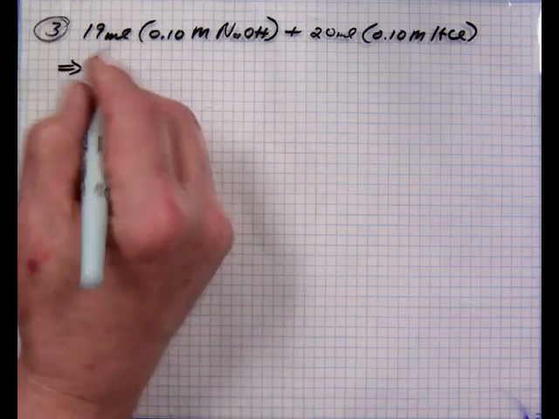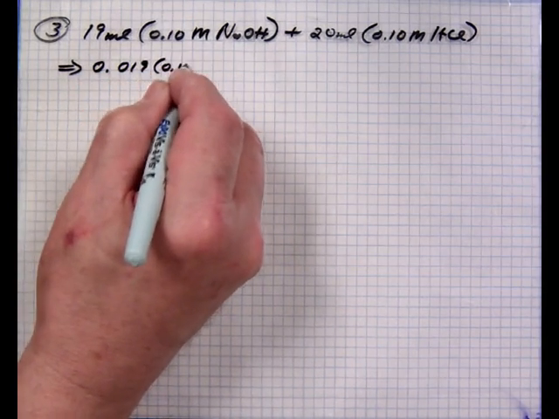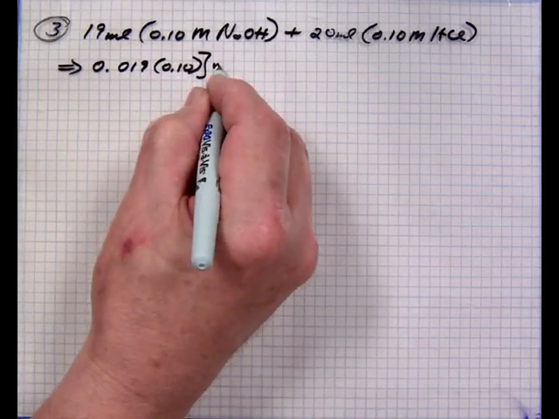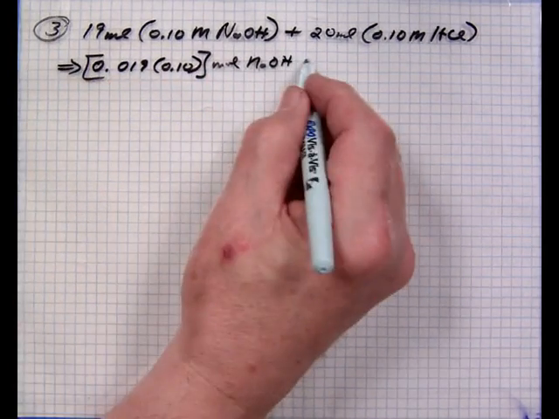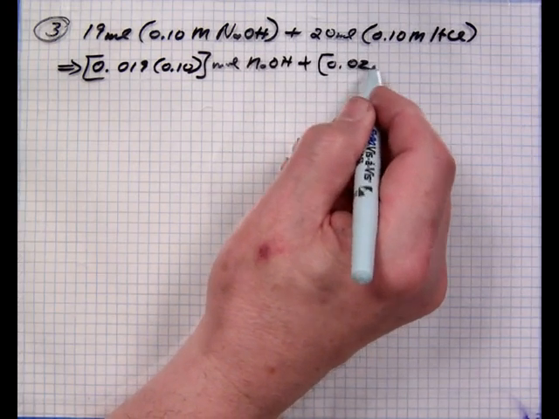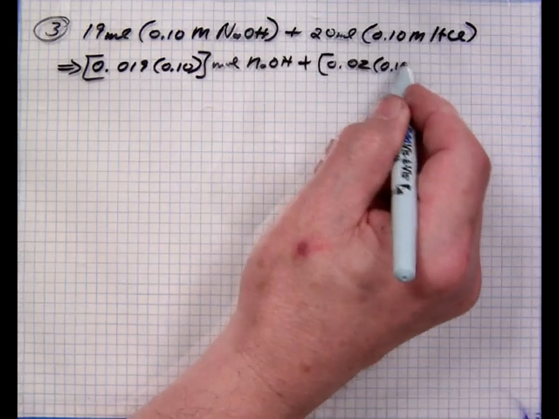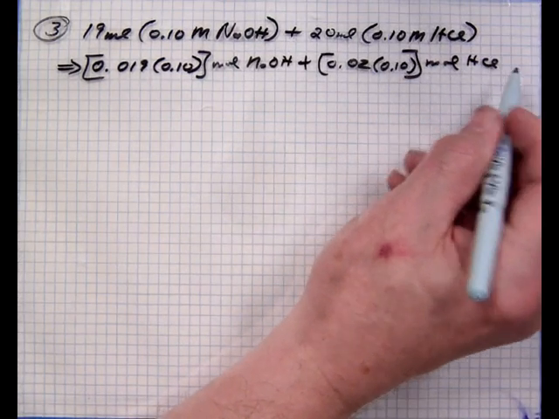So in this one, we have 0.019 times 0.10 mole sodium hydroxide plus 0.02 times 0.10 mole hydrochloric acid.